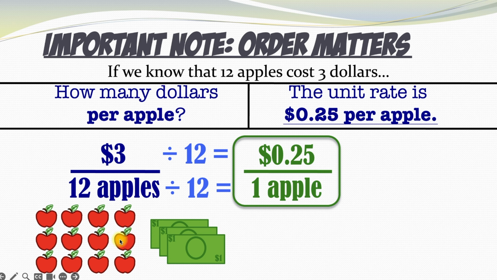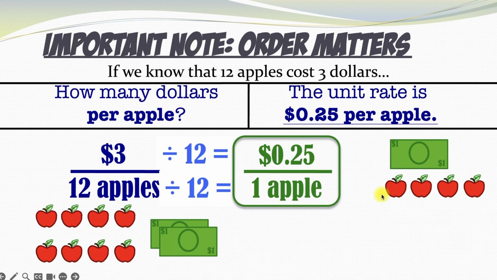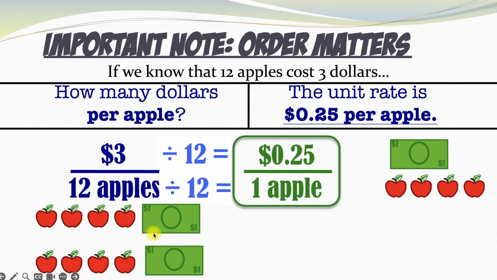Here's what that means with our dollars and apples. We'll take this dollar here, we'll bring 4 apples to it, and then we'll match these up as well. Now, it looks like the same thing as before, but it's a little bit different, because now we're talking about the dollars per apple.